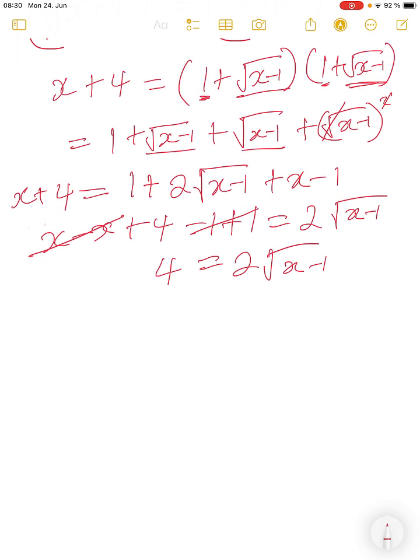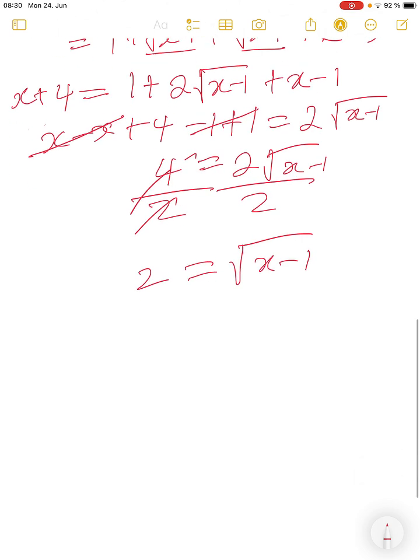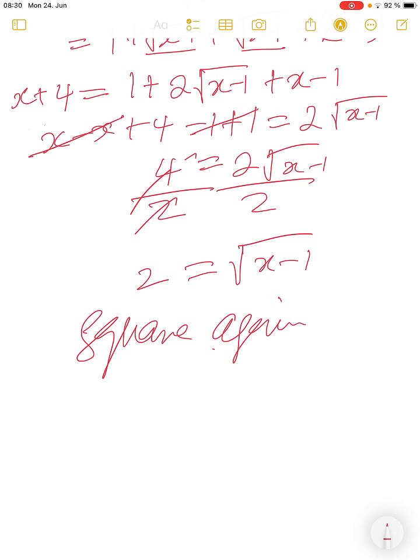At this stage, we can divide both sides by 2. So we have 2 equal to root x minus 1. Because we've not eliminated this root, we will still need to square again. We can just say square both sides.